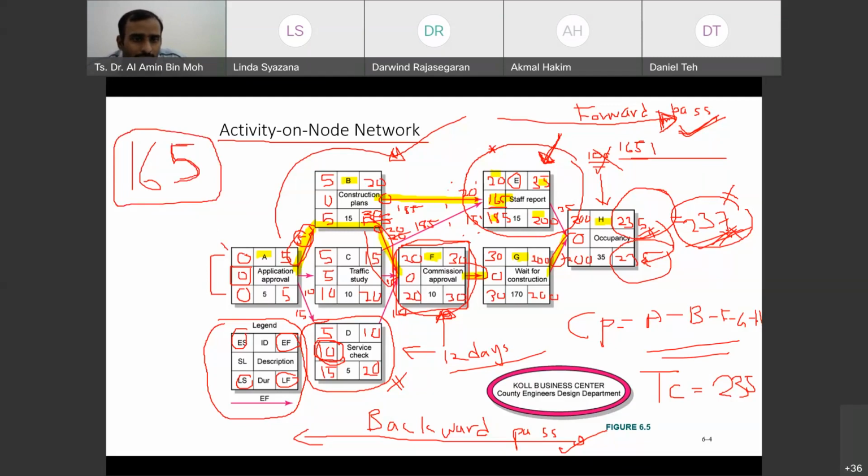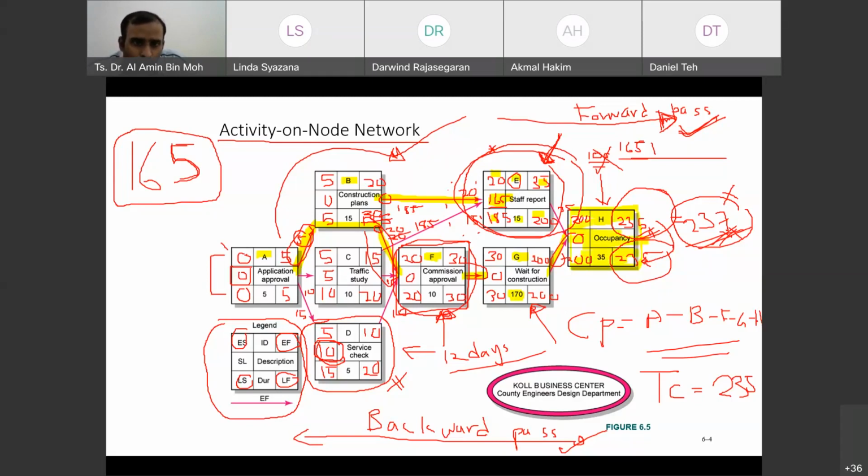Why? If we see logically, this activity needs to wait for this activity to happen. This activity needs 170 days in order to complete activity G. If E is completed after 15 days, it can't do anything. It just waits here, because the activity after that is H, right?